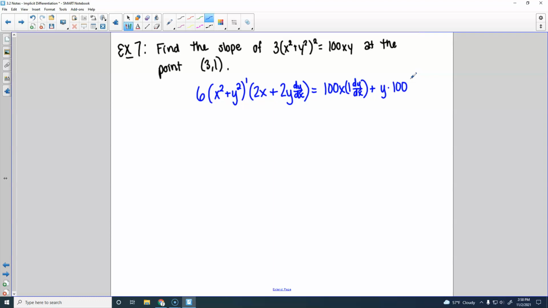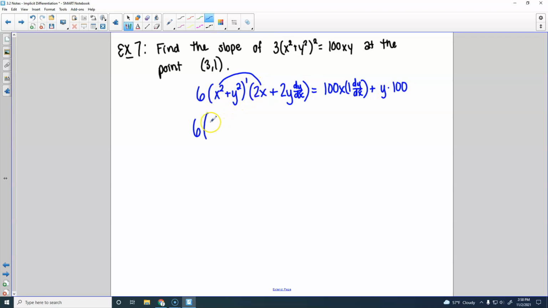Now I've got to write all that down. Now, what do we have to do? Move all of the dy/dx expressions to the left. Can I move stuff on this left side yet? Because this stuff is multiplied together, I need to distribute first. I'm going to keep my 6 out front, but you could distribute it.